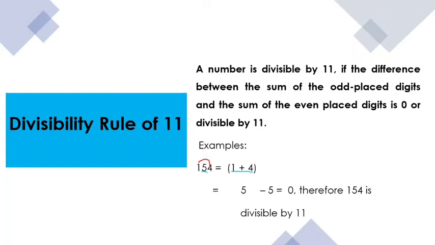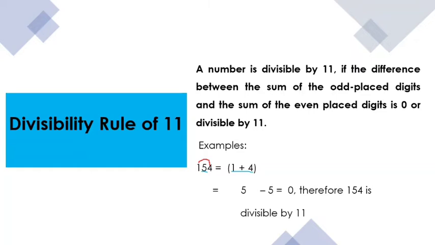So we need to subtract the sum of our odd place digits, 5, minus the sum of our even place digit, that is 5.